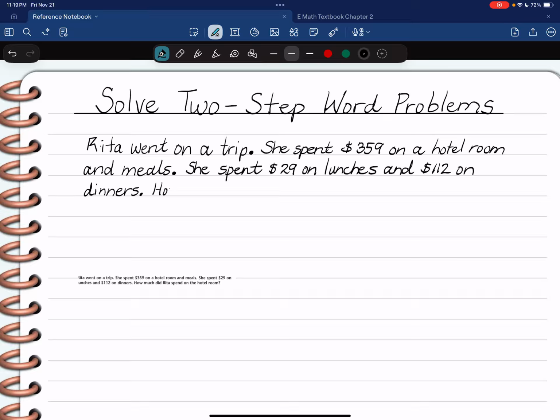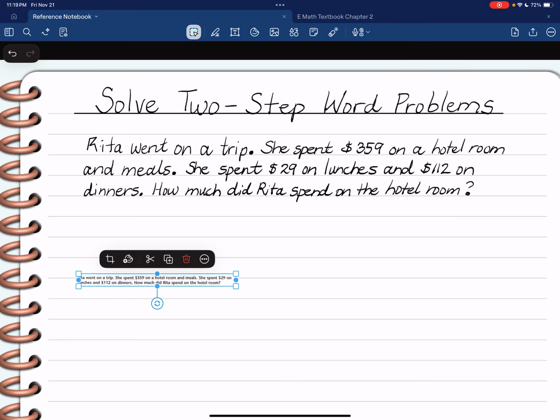How much? So we're looking for money. How much did Rita spend? That's money I'm looking for. On the hotel room. This question could be on the high school equivalency test because it's more than a basic question.